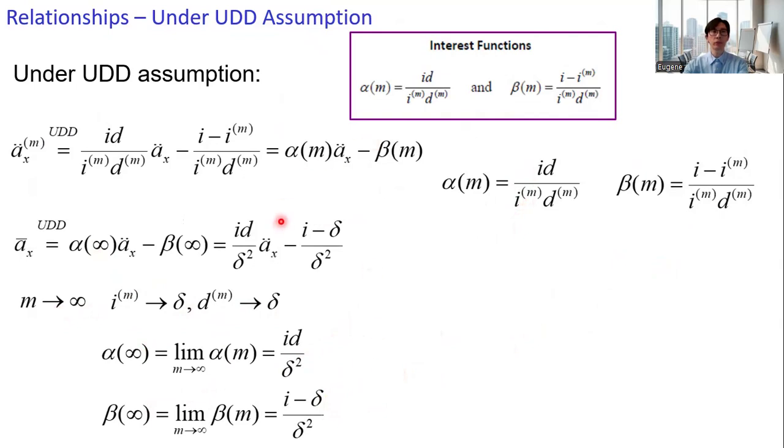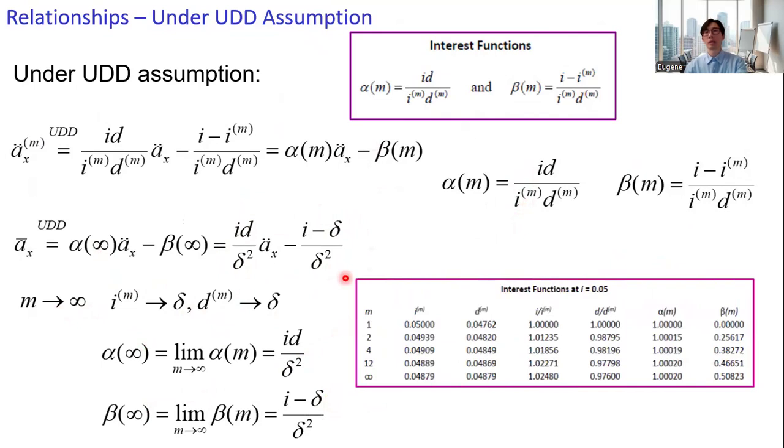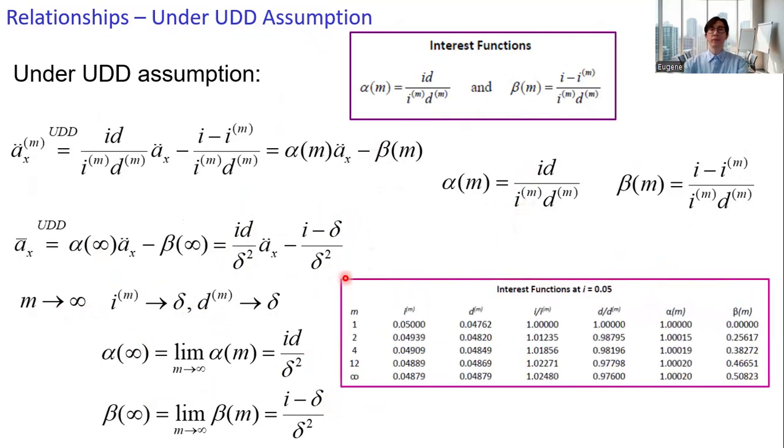And we get the expression for ā_x under the UDD assumption. If the interest rate is at 5%, then you can get the value for alpha(m) and beta(m) from the table provided in exam FAM.